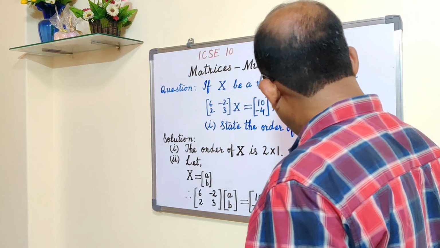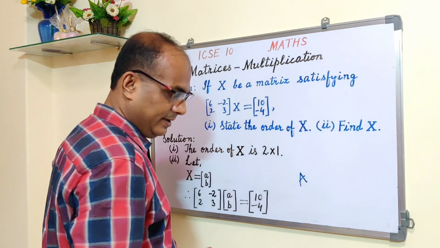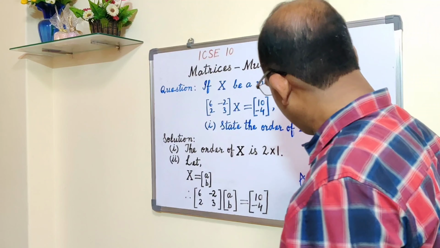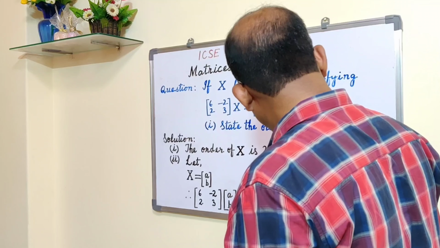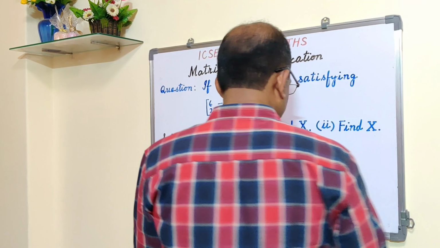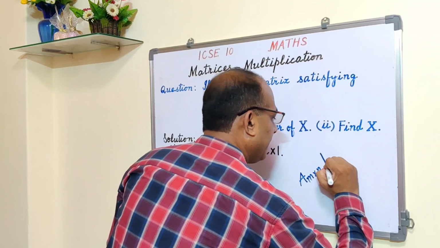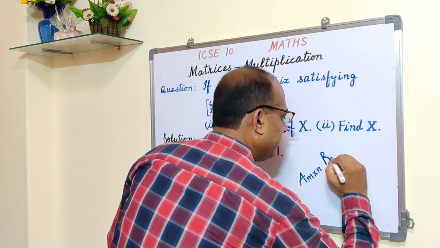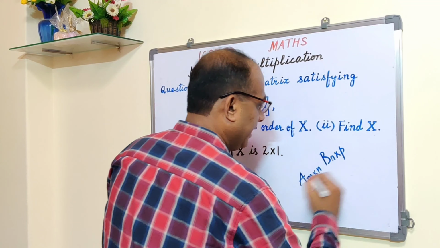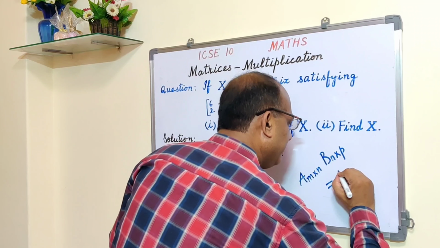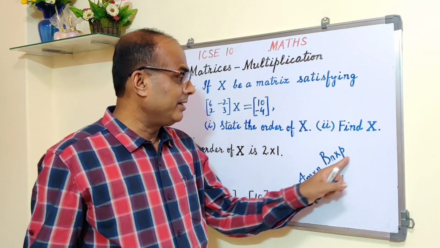Suppose there is a matrix A of order m by n, and a matrix B of order n by p. When we multiply, we get a matrix C and its order will be m by p.